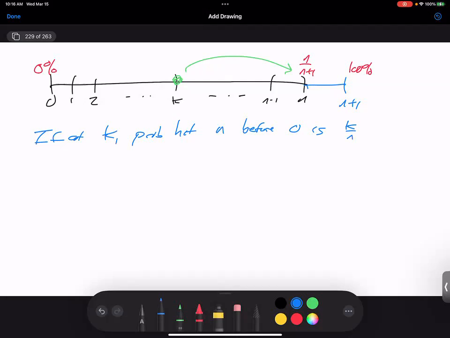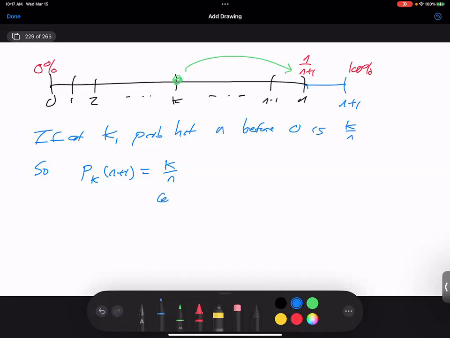So if we call this p k of n plus 1, first I have to get to n before I get to 0. The probability of that is going to be k over n, right? And now once I'm at n, what's the probability I get to n plus 1 before I get to 0?